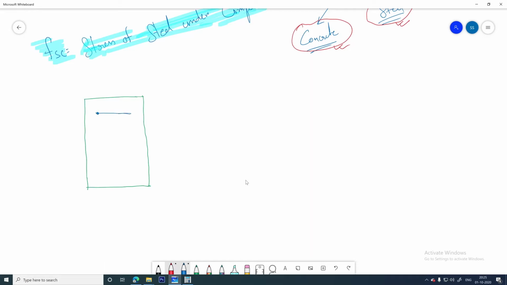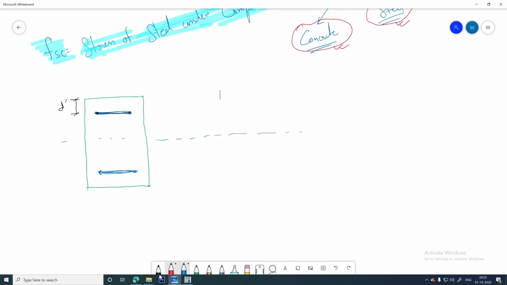Suppose this one is the top reinforcement, this one is the bottom reinforcement. This particular distance from the top where this reinforcement is there, that is d dash, right? And suppose this one is the neutral axis.